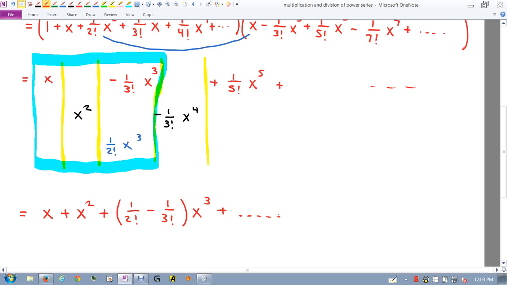Ready for another one? That was multiplication. Multiplication is a lot easier than division. Find first, how many terms should I go? 3 terms.